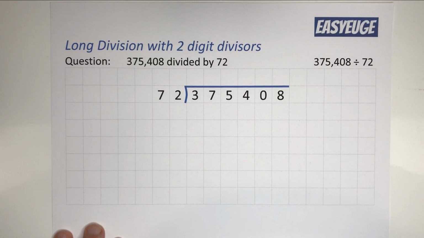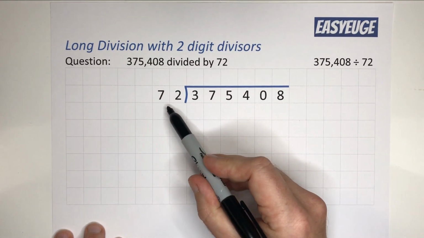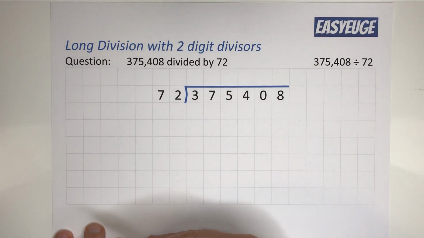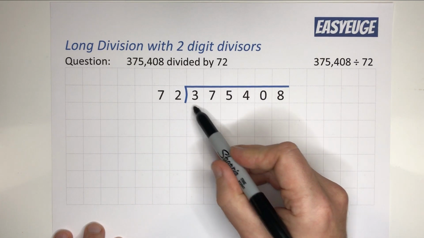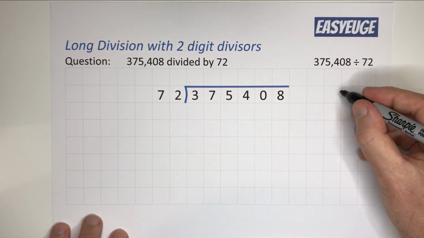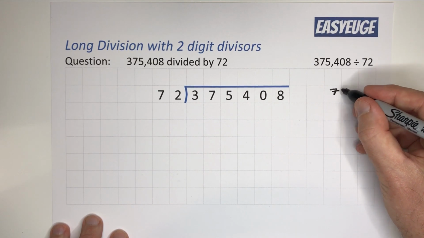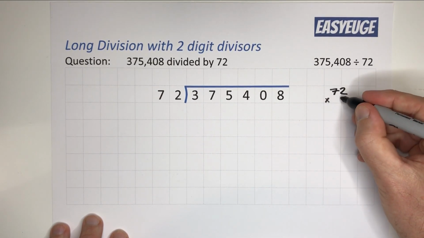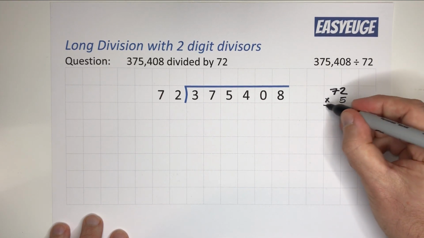It's about 5, because 7 5s are 35. So 70 by 5 would be 350. So if I think 5 would give me a number that's close to this, let's just work that out for a moment on the side. Let's write down 72, and we will multiply that by the number 5.